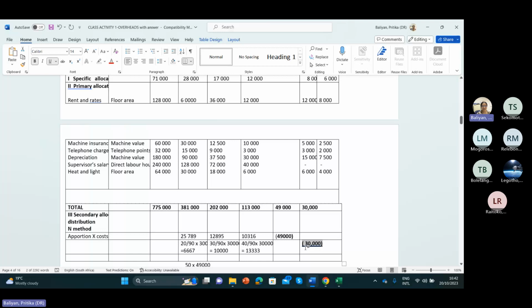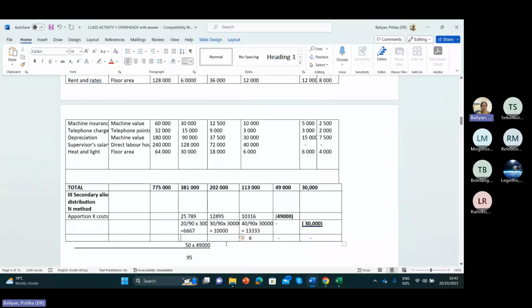So all this 49,000 has been apportioned to the production, and this 30,000 is also redistributed to the production department. So now there is no cost left in X and Y department. And that's what we wanted to do. We wanted to move all the cost only to the production departments. Okay.